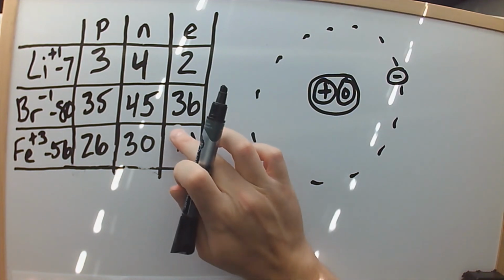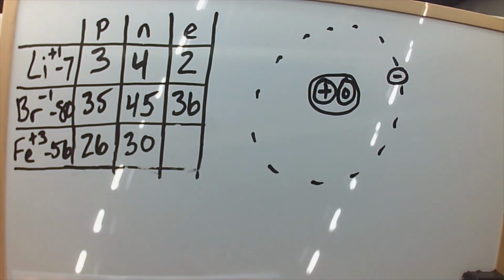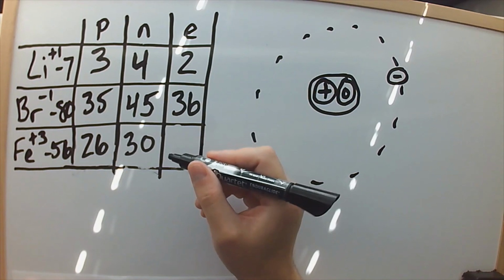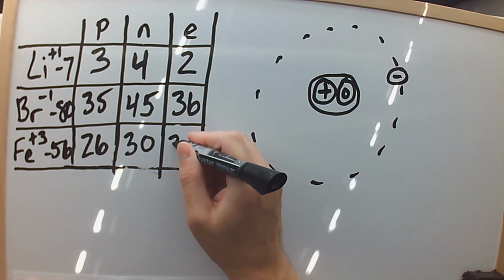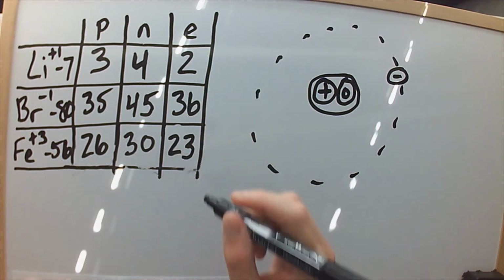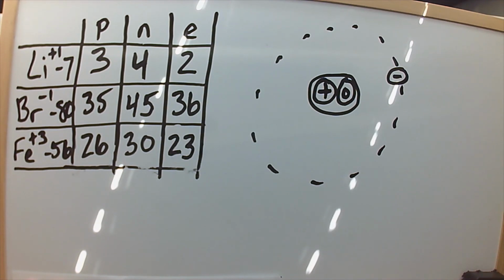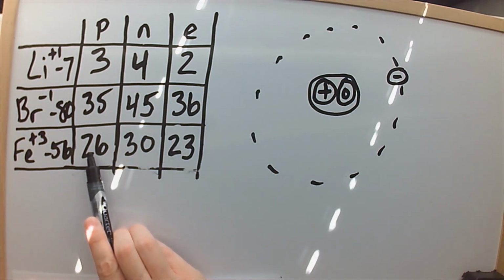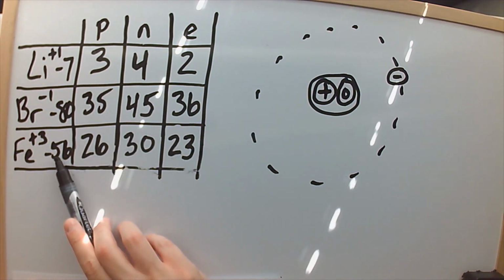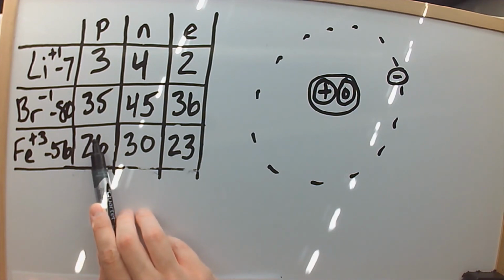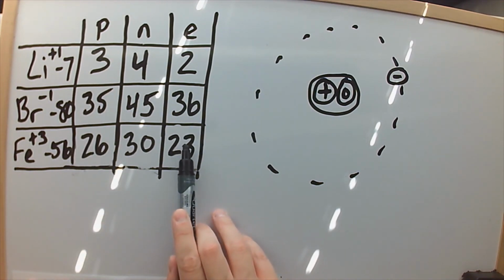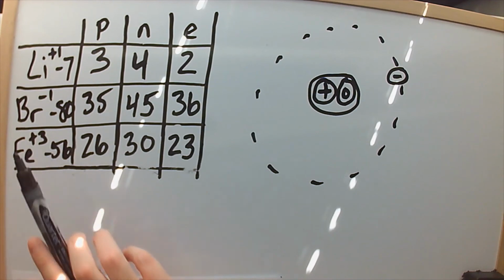So you have to take away 3 electrons because you can't change the protons. I can't say it enough times. You cannot change the protons. So it has 23 electrons. Again, 26 plus 30 is 56. 26 positives and 23 negatives gives you a positive 3.